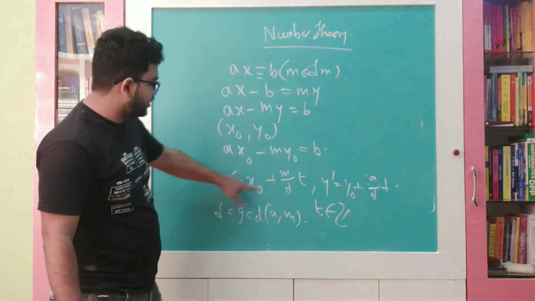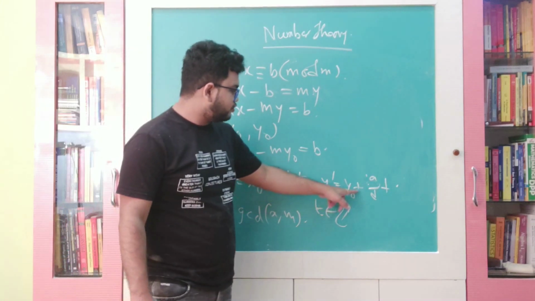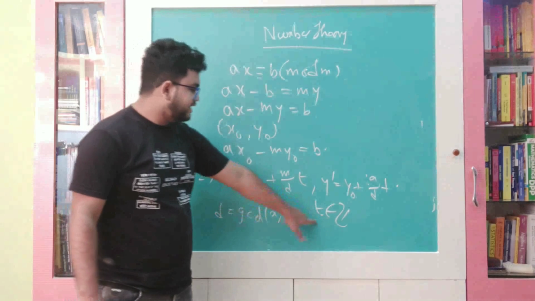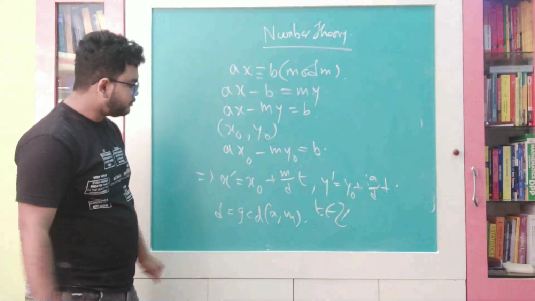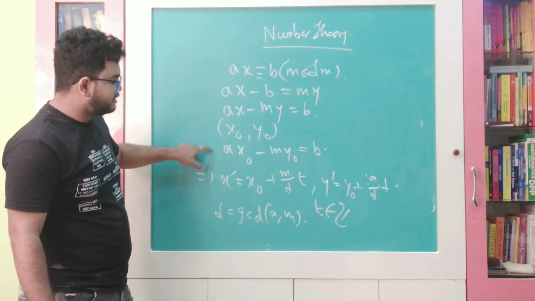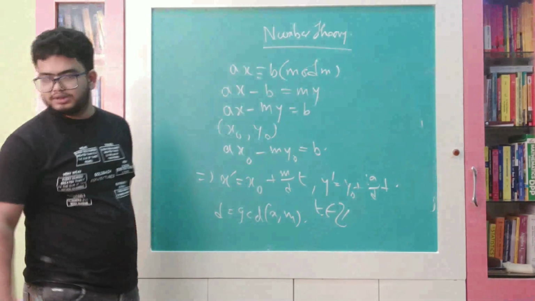So x prime equals x0 plus m by d t, y prime equals y0 plus a by d t, for d equals gcd of a, m, and t belongs to the integers. So this is a Diophantine equation, and this Diophantine equation has very many solutions.